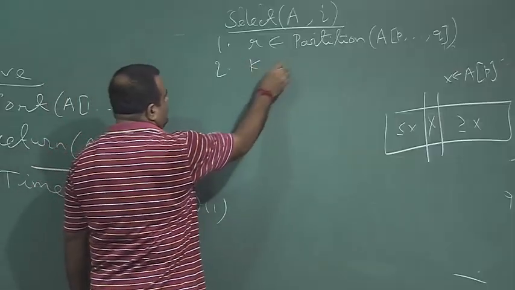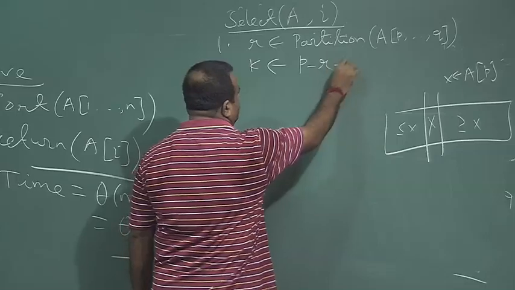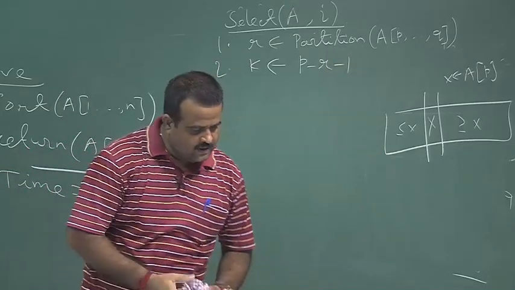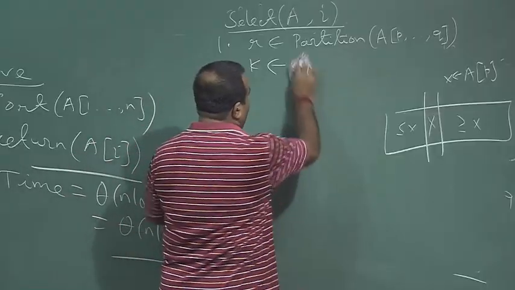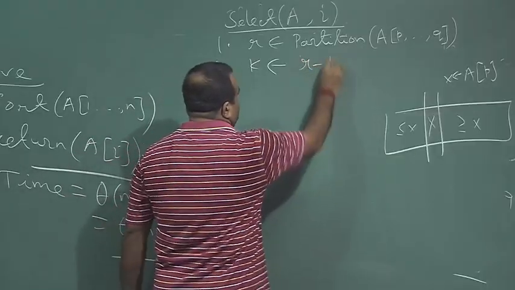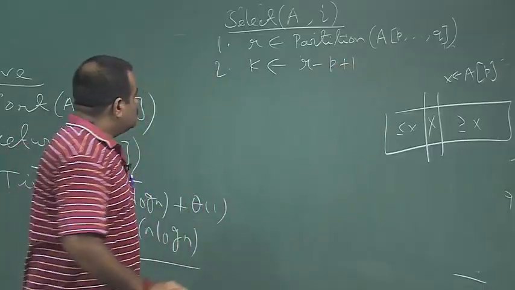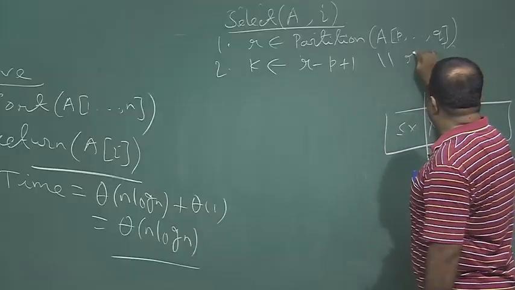So, we define k equal to r minus p plus 1. This is basically nothing but the rank of this x.